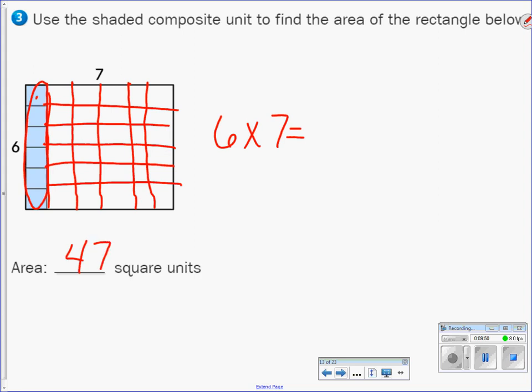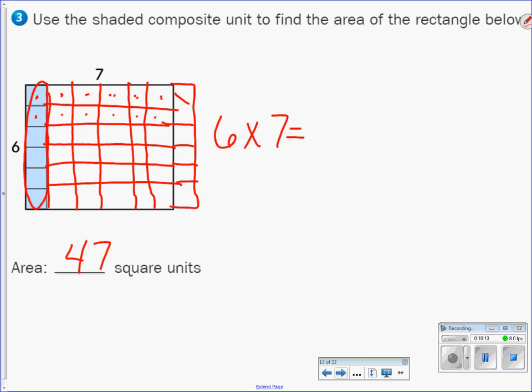And if I didn't know, all I have to do is count 7, 14. I should have 7. Okay, but 7 times 6 is 42.